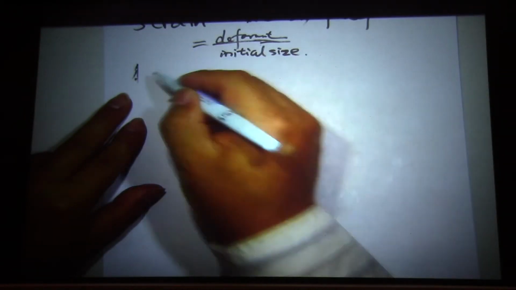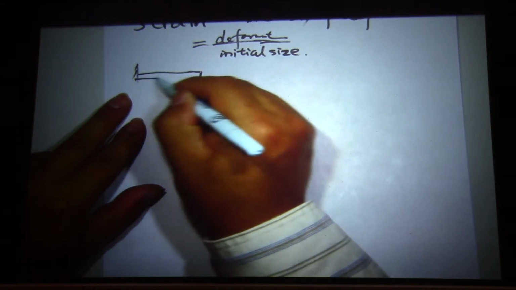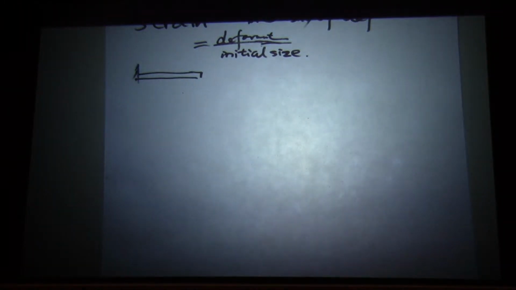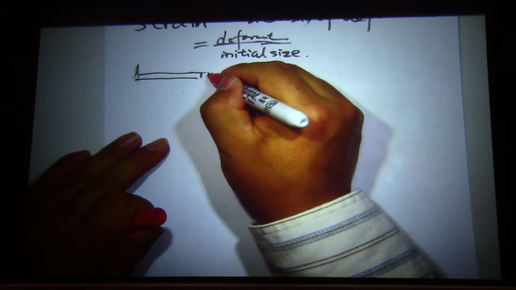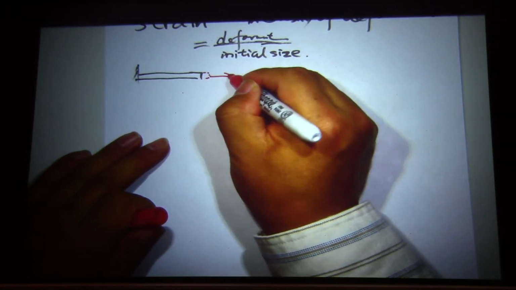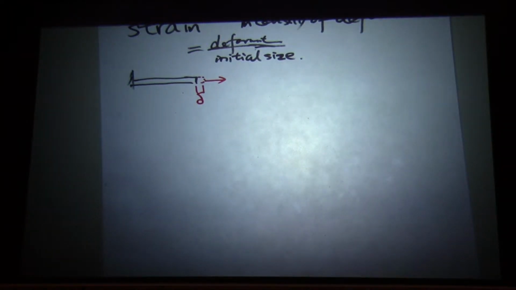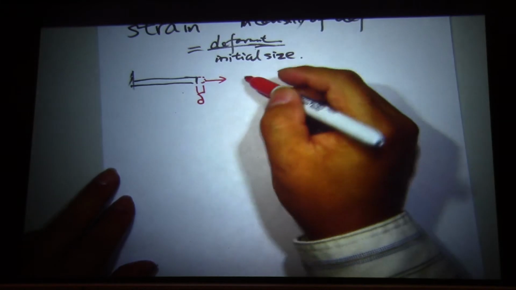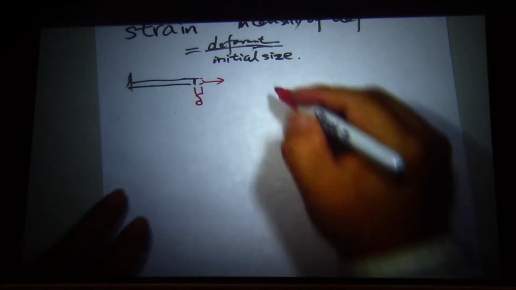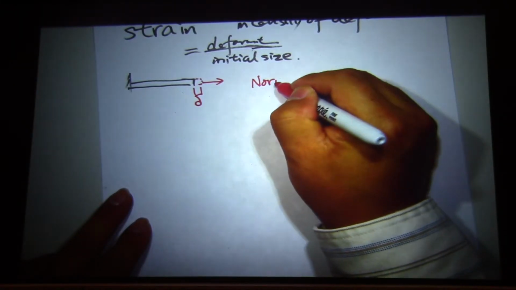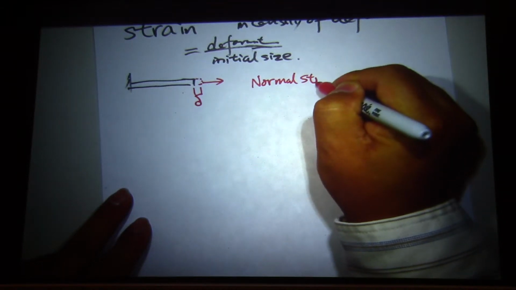Therefore, we define two types of strain. If you apply a force here, this is the initial length, and then it deforms into somewhere here, this is after deformation, so the force is applied here. This one is going to be an elongation. Let's use the letter delta. So we define the strain. This will be the normal strain.